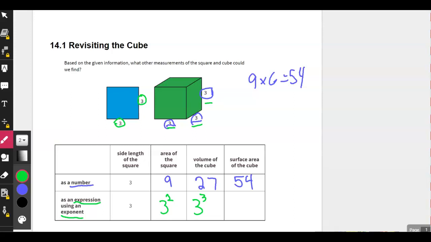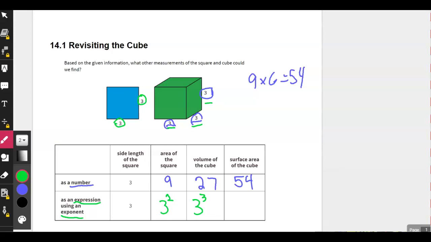The last one's a little bit trickier, okay? We had to do the area of one square, but how many squares or sides were there on our cube? If you'll remember correctly, there were 6.